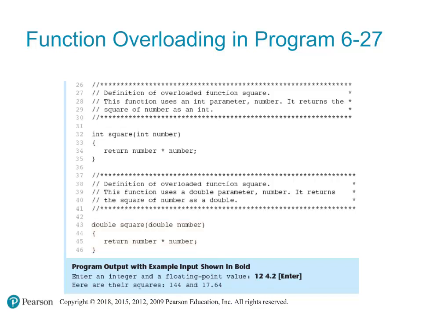Although both functions have the same name, their parameter types differ, which makes them unique in the eyes of the compiler. So when you call square, the compiler will automatically select the appropriate version based on the type of the argument you pass.